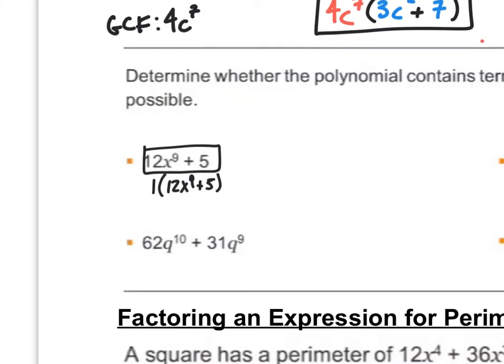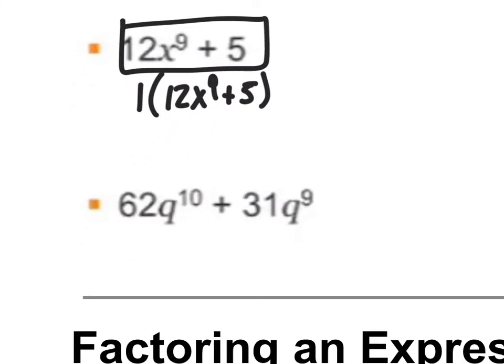Okay. But over here, when I look at, say, something like 62 q to the 10th plus 31 times q to the 9th, then I look at the numbers 62 and 31. And those numbers, to me, I'm like, okay, well, 31 goes into 62. So I could factor out a 31, okay? And then I've got q to the 10th and then q to the 9th.